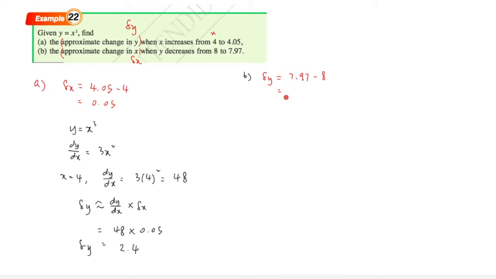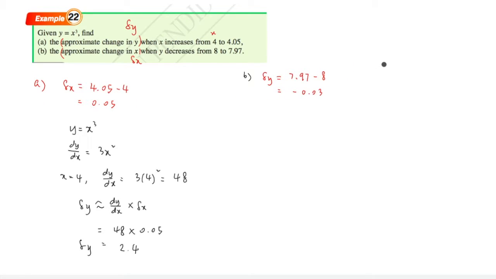So you will get negative 0.03. Again we need dy/dx. You are given the x here. Wait, here y is 8. When y is 8, right now.